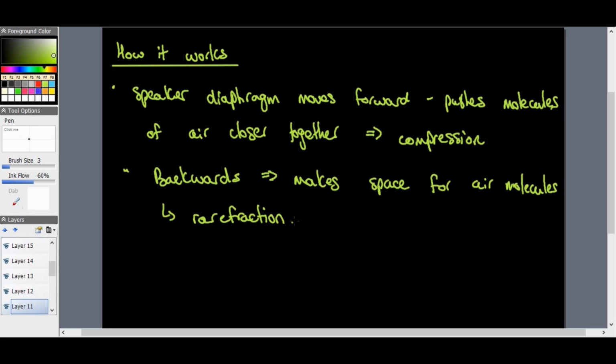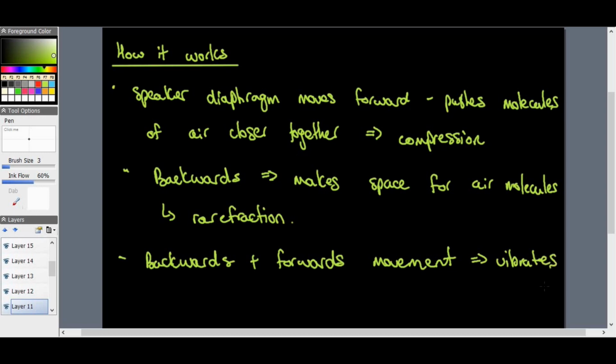Now when the diaphragm of a speaker moves backwards and forwards, that backward and forwards movement makes it vibrate, and therefore we have a sound wave that is generated.